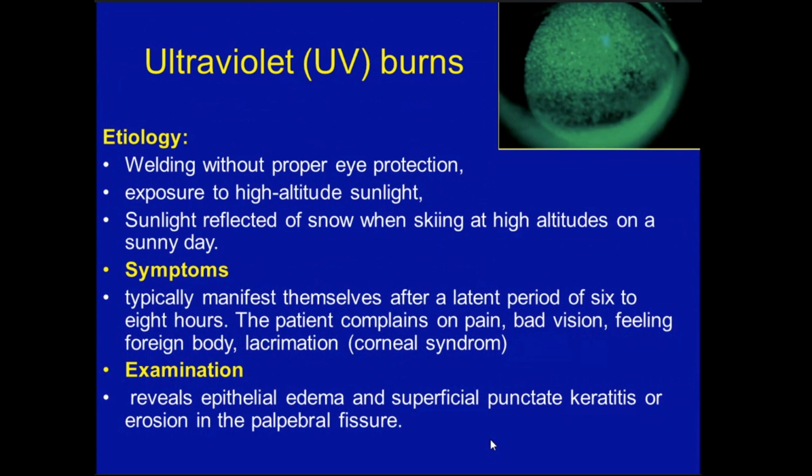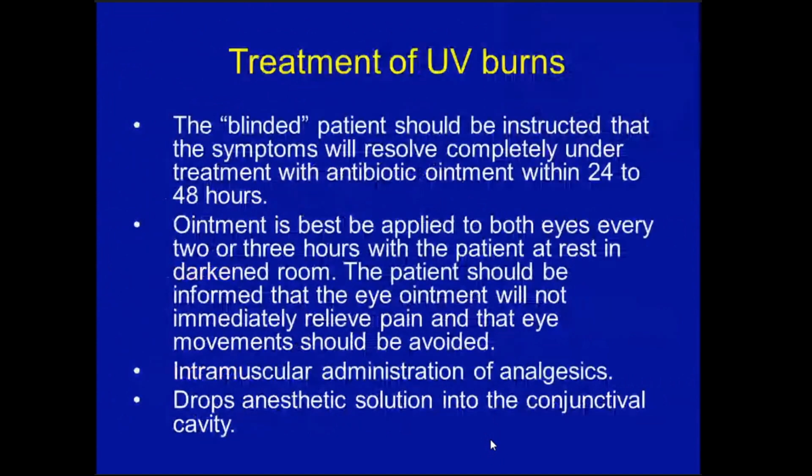During examination we can see redness of the eye, corneal edema, and superficial punctate keratitis. Treatment: the patient should be instructed that the symptoms will resolve completely with antibiotic ointment within 1 to 2 days.